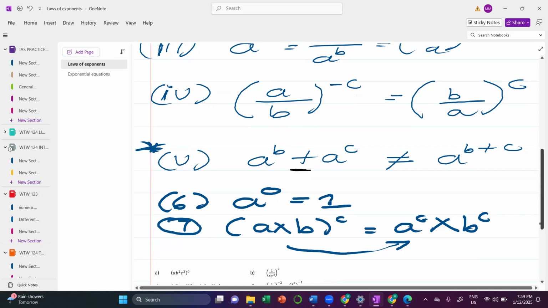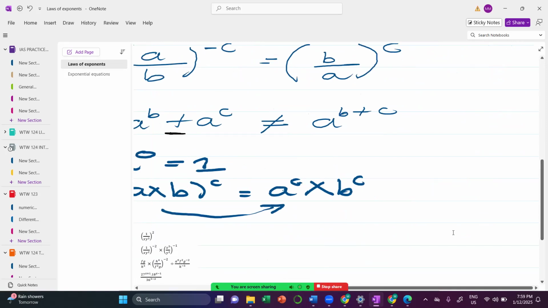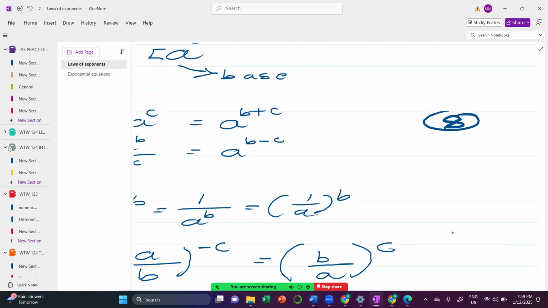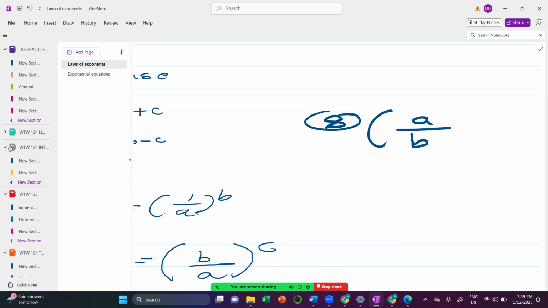So now, if that is what we were able to do with multiplication, tell me, what if I have, let's say number 8, A divided by B all to the exponent of C. These are different bases, right?